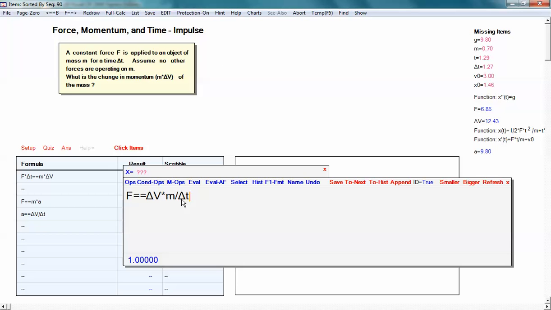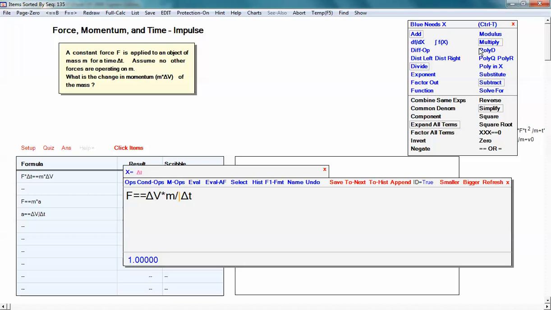Then I'm going to take that del t and multiply both sides of the equation by del t. To do that, I put the del t up here in my auxiliary slot. Go to my ops. One of my basic equation manipulation operations is multiply both sides by del t, and I get the formula I want.